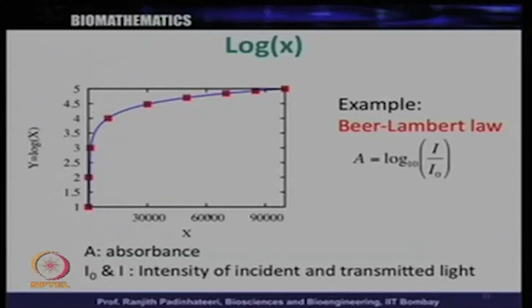The log of a big number is actually a small number. Log of 90,000 is very close to 5, just between 4.5 and 5. So, this is one thing you should keep in mind, that if you take a huge number and calculate the log, you will get a small number.